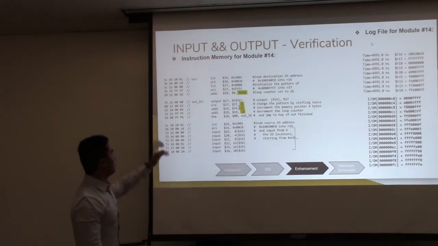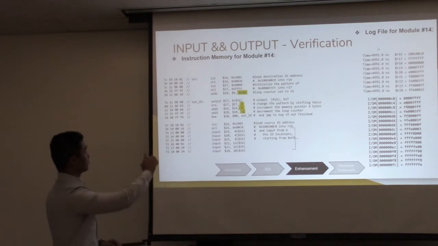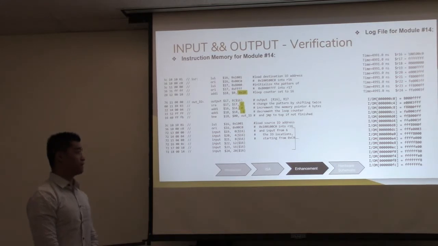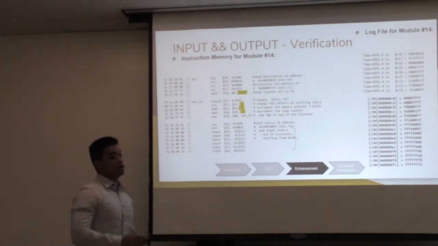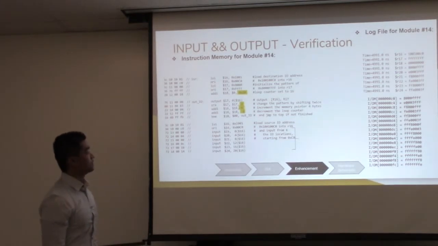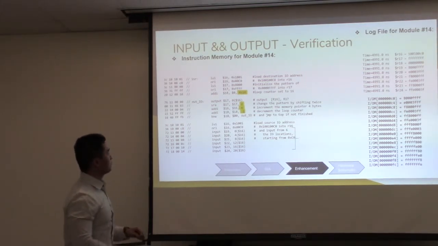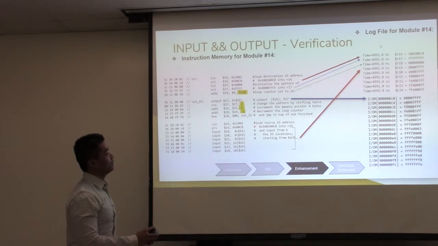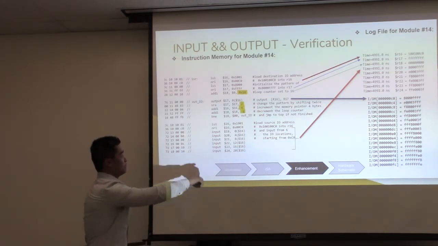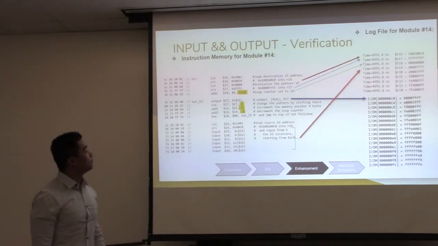Then in this I/O loop, we are outputting data to the I/O memory specified by the base address in register 16 with the index of 0, followed by shifting every time, as well as changing the base address and decrementing the loop counter. So we can see that every time, we are outputting the value into the I/O memory module, and then these input instructions will write it back onto the register files.